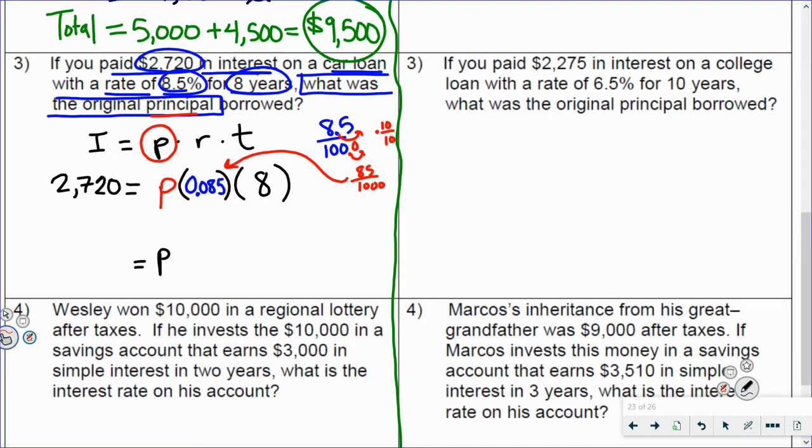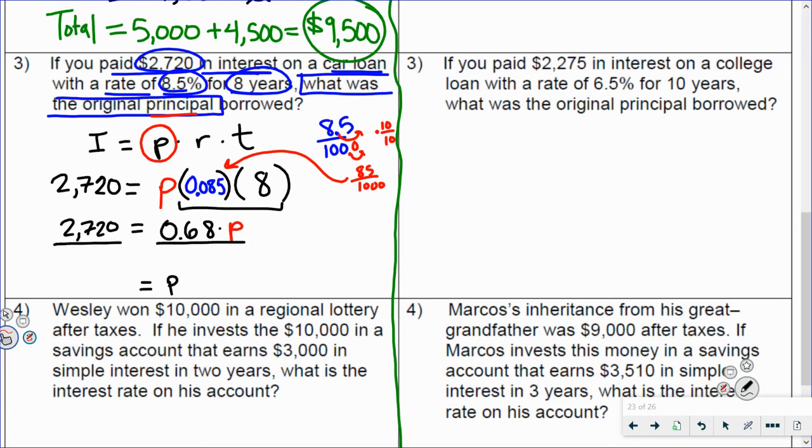Remember, please, that our goal is to get P by itself. But I'm kind of looking at this and saying, you know what? We can simplify that. 85 thousandths times 8, I believe, if I've done my calculations correctly, will be 68 hundredths times this missing P, principal. If you wish, you can put the dot in there. But you know what? We don't want to know what 68 hundredths times P is. We want to know what P is.